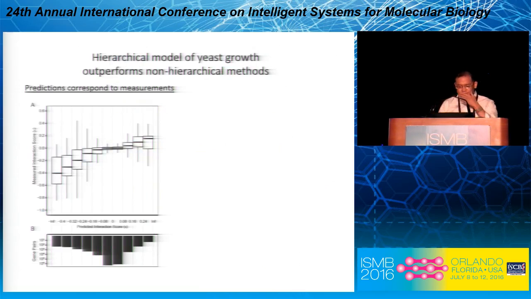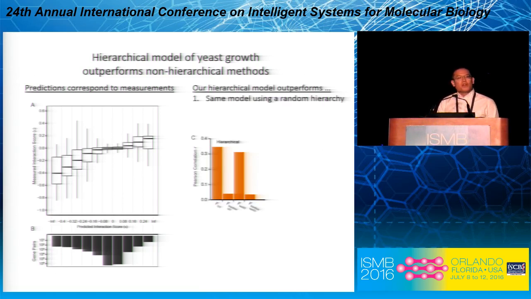Taking this method and applying it on that data set of 5 million measured gene pairs, we find that this method works quite well. In this plot, we see a general correspondence between predicted interaction scores and the experimentally measured interaction scores. These predictions were made in fourfold cross-validation.